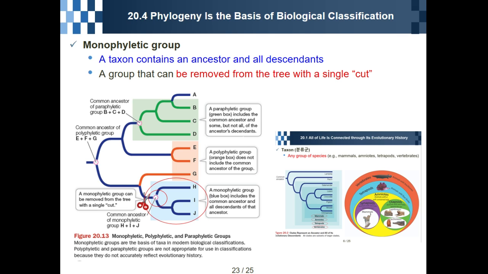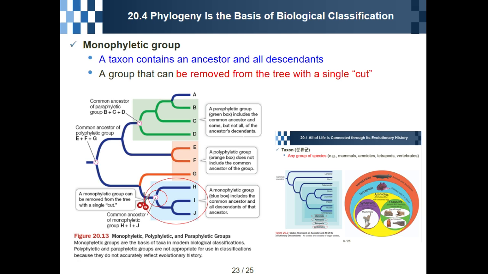They are composed of a common ancestor and they have descendants. This blue box we call the monophyletic group. It contains the common ancestor and all descendants.